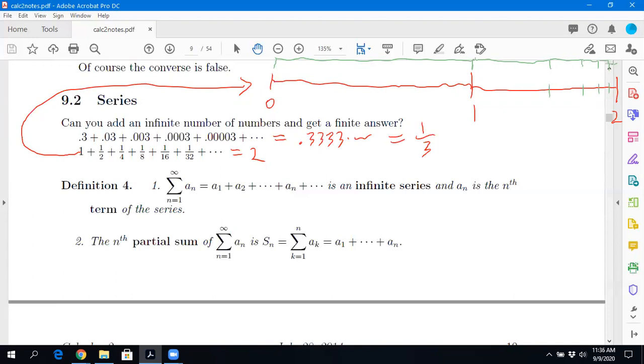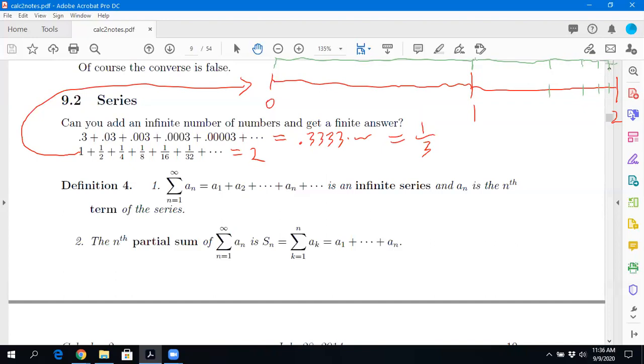So it kind of reaches it in the limit, if you will. And the same thing is true here. The more terms we add, the closer we get to what? 2. So you specify how close you want me to get to 2. I can do it by adding enough terms together. Does that make sense?